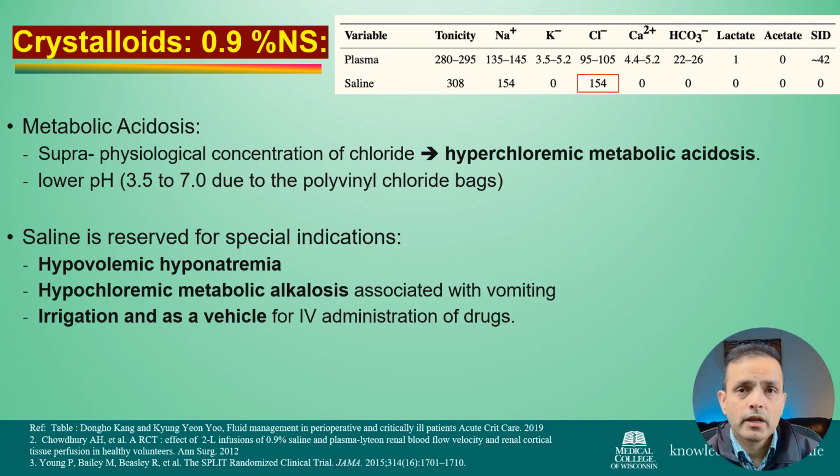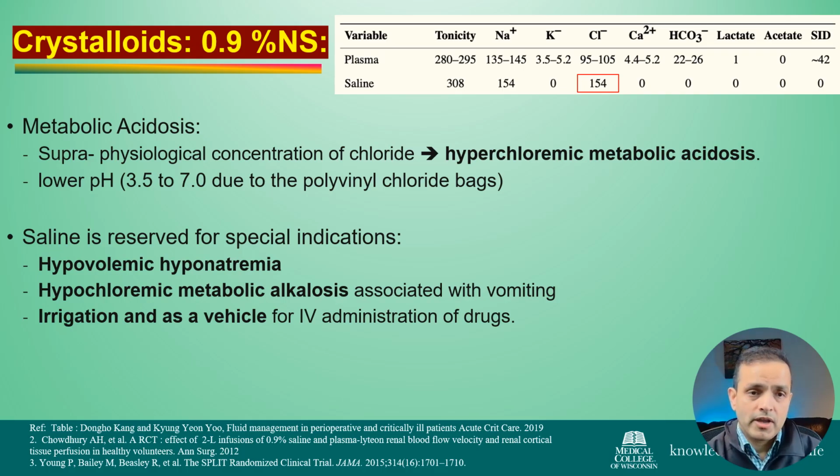Use of 0.9% normal saline is very specific to some conditions, which include hypovolemic hyponatremia, hypochloremic metabolic alkalosis, classically with vomiting, and then as irrigation, let's say bladder irrigation, or as a vehicle for IV drugs, something like antibiotics.